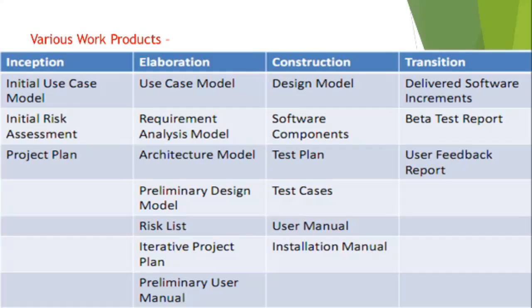In the construction phase, there is a design model, software components, test plan, test cases, user manual, installation manual. In the transition phase, delivered software increments, beta test report, user feedback report.